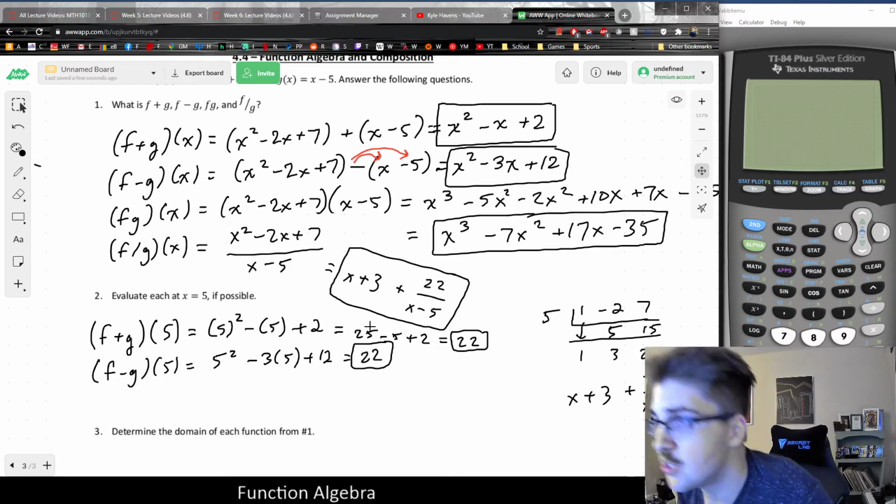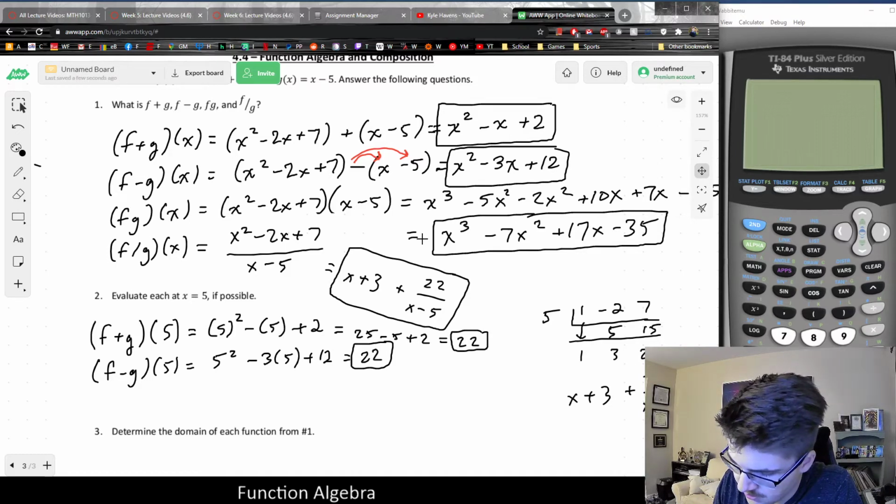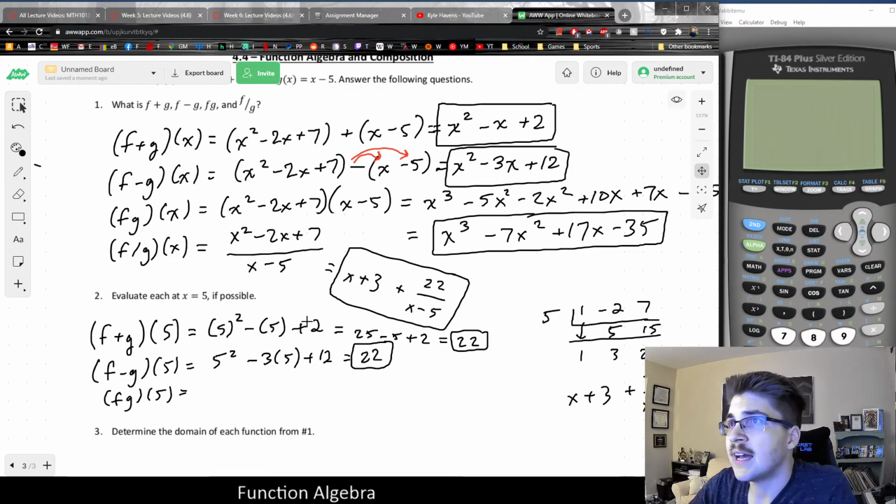Now f times g was this function over here, x cubed minus 7x squared plus 17x minus 35. And if I wanted to evaluate at 5, again, I could write that as fg of 5. And again, I could plug it into each of those separately and multiply that result together, or use the product function, which I simplified before.